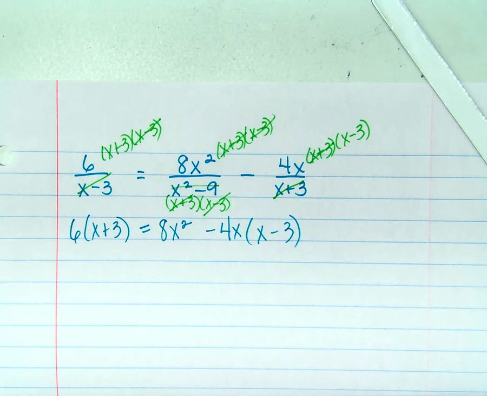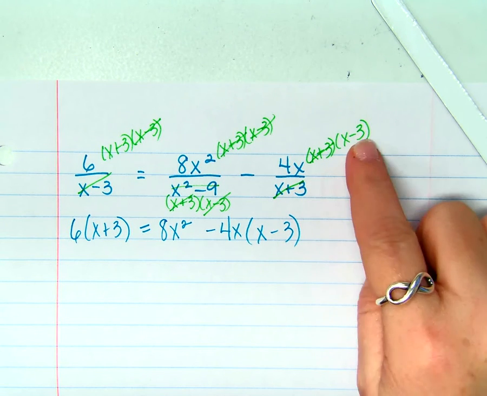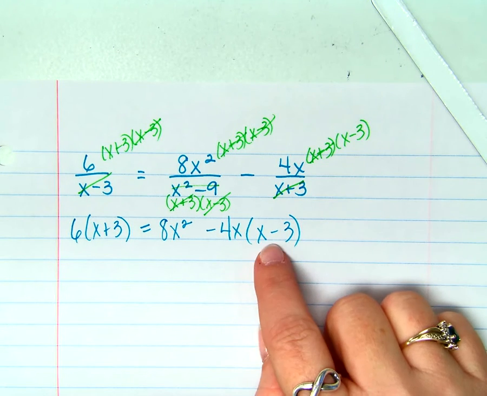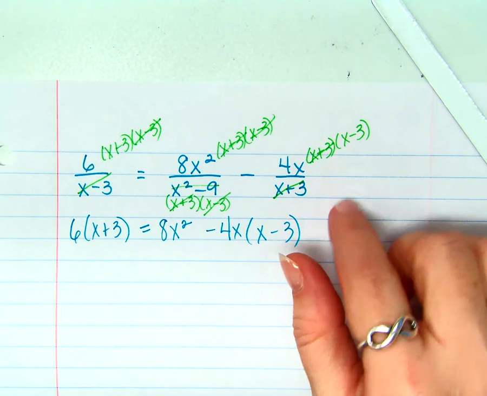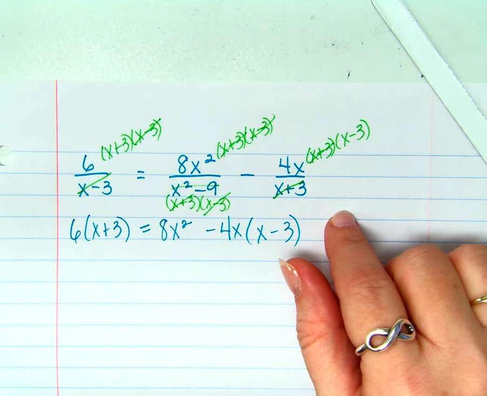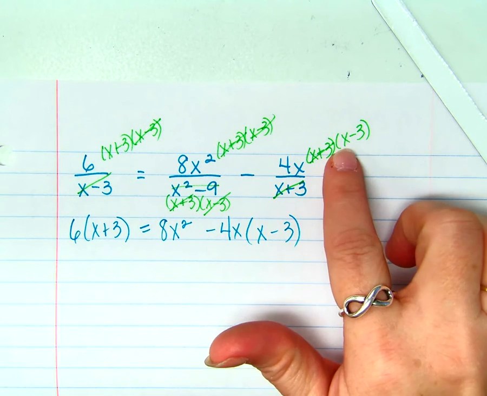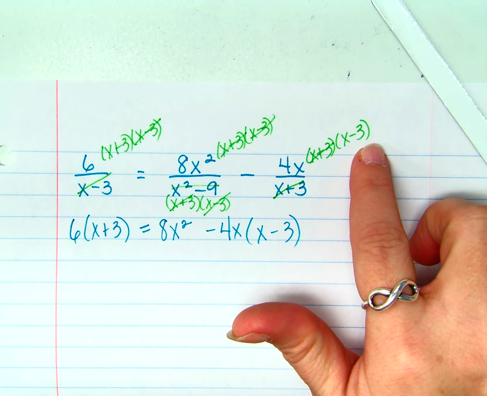Now, I just did something very deliberate, and I want you to know what I did. I know at some point, some of you are going to get quicker at this and want to do multiple steps at a time. I don't care about that as long as you understand the math. Some of you might have wanted to multiply this out already and write minus 4x squared plus 12x.